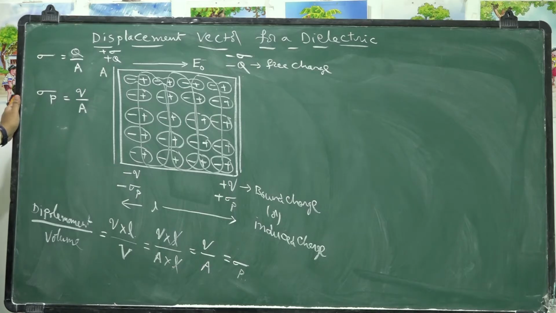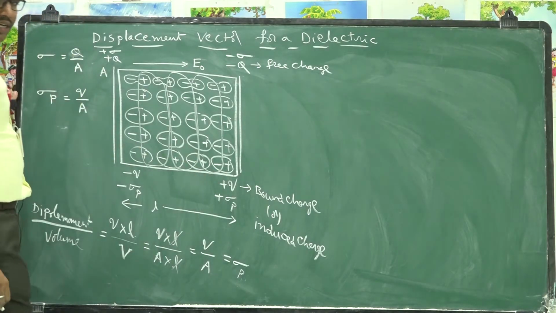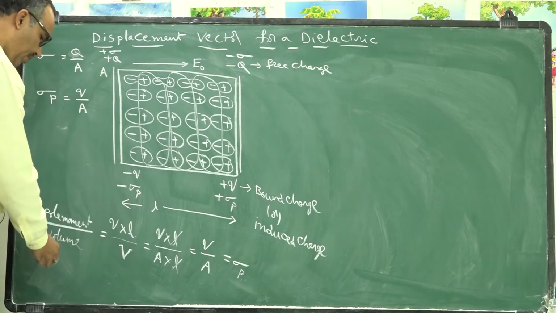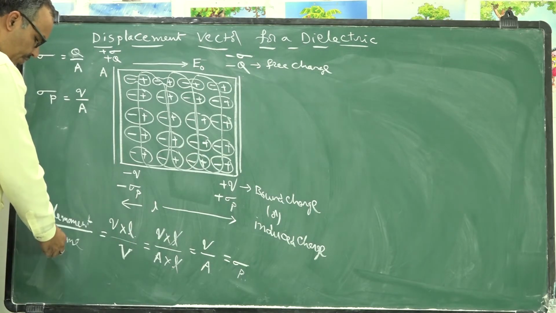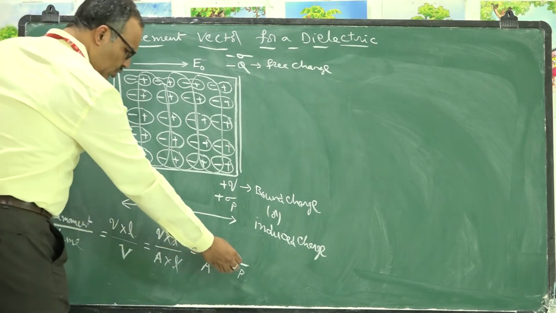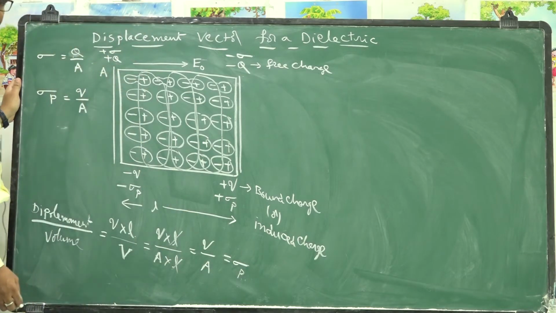Actually, dipole moment is directed from negative charge to positive charge. So, dipole moment will be in the same direction. If you represent it as a vector, the magnitude of dipole moment is Q into L, and the volume is given by A into L. L and L get cancelled. So, you got sigma P. Sigma P means induced surface charge density.